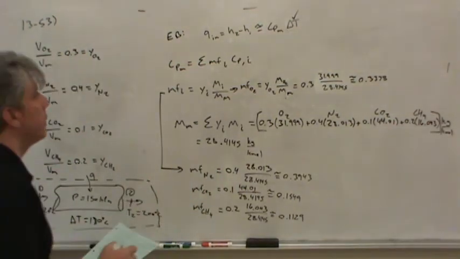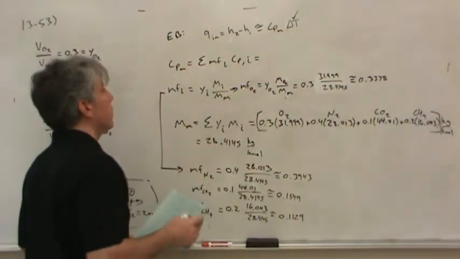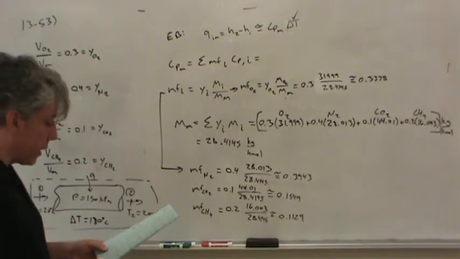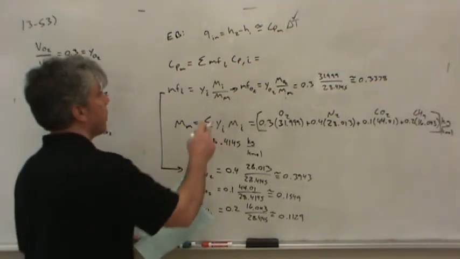And now finally, I can plug all of this into my equation for the heat capacity. I just need the heat capacity of each one of these. So I'm going to need the mass fraction.